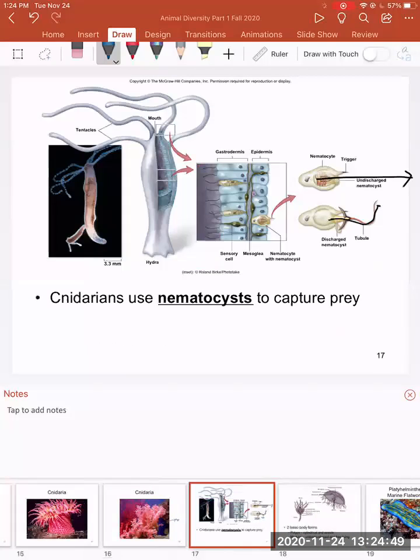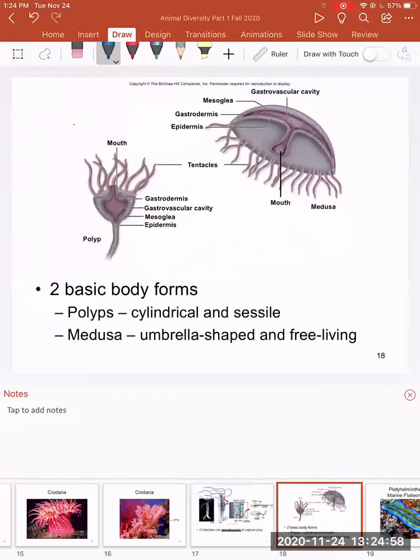This shows you a good picture of that nematocyst. It fires and stings you. And this shows you the two different life stages, the polyp and the medusa. So the polyp doesn't move, the medusa is free swimming.